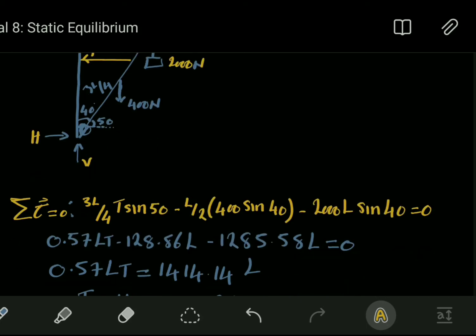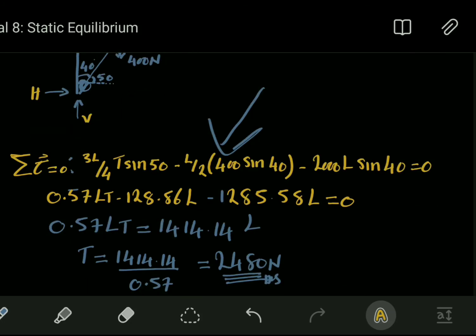Okay, so we have that 3 over 4 is giving us 0.57, therefore we have 0.57 LT minus 128.86 L. If you work this out, you're going to have 128 minus that. Also the other one, you do the same, minus 1285.58 equals 0.